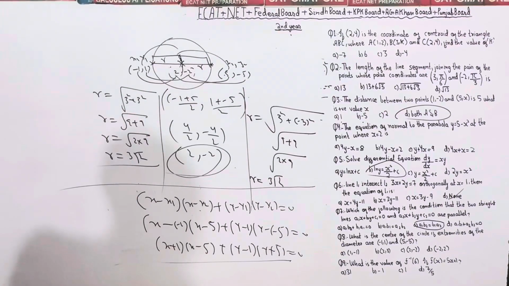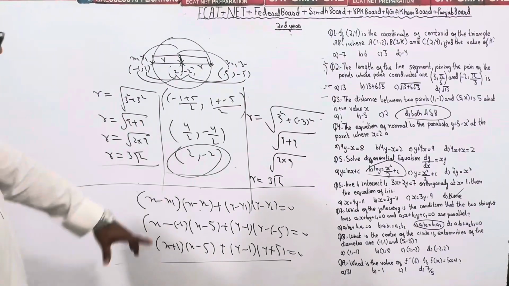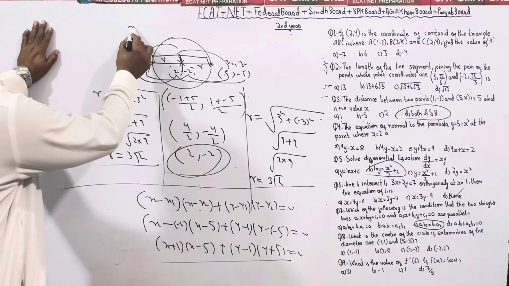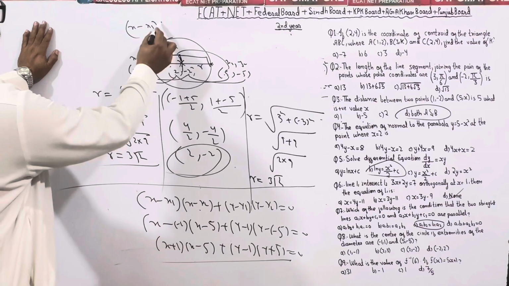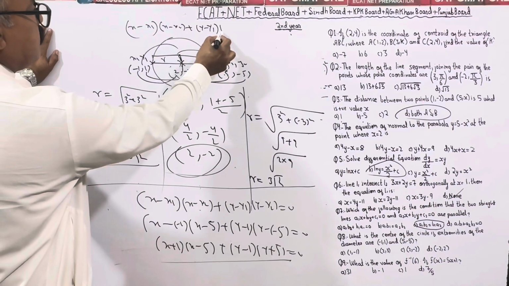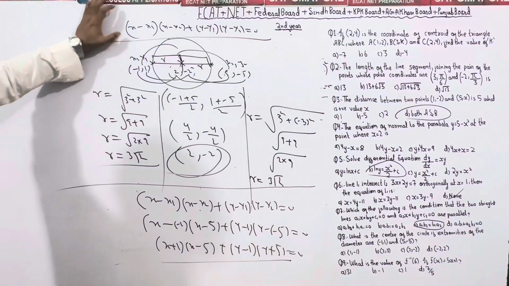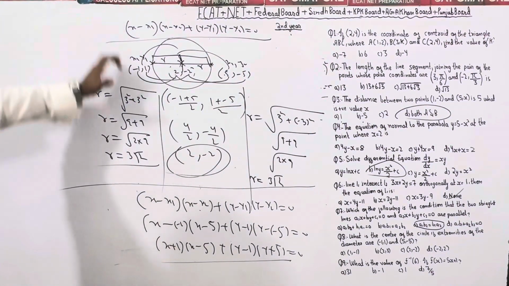One can multiply to arrive at the equation of the circle. (x - x1)(x - x2) + (y - y1)(y - y2) = 0 is the equation of the circle to be utilized when endpoints of the diameter are given.